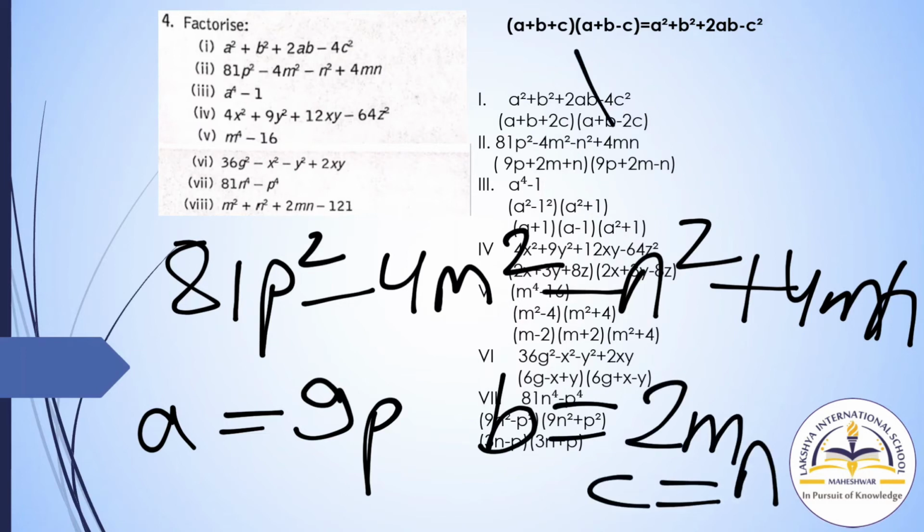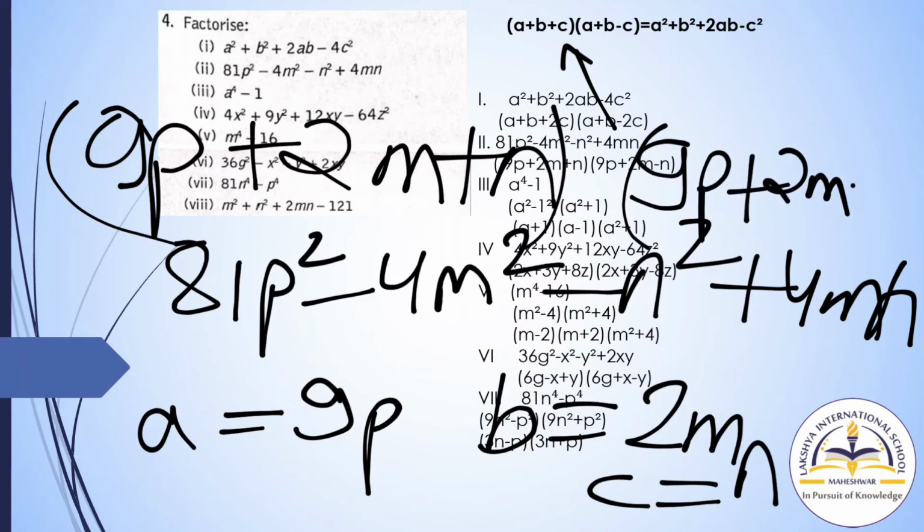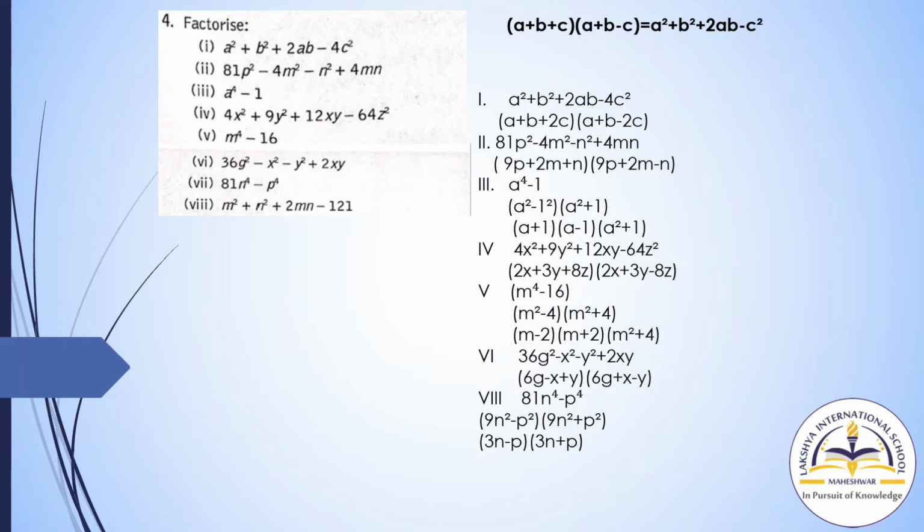Now after getting the values we have to write by the LHS side of the algebraic identity. Now 9p plus 2m plus n, and one more answer will be 9p plus 2m minus n. This will be the answer. 9p plus 2m plus n and 9p plus 2m minus n.